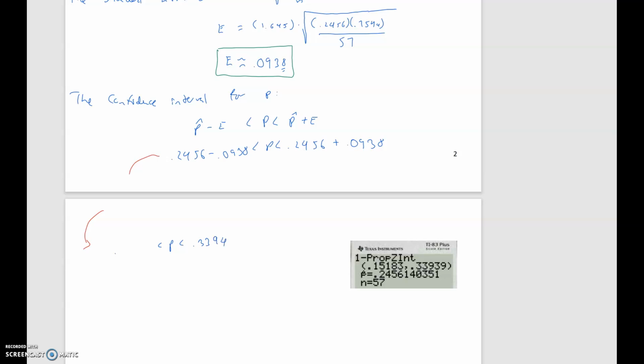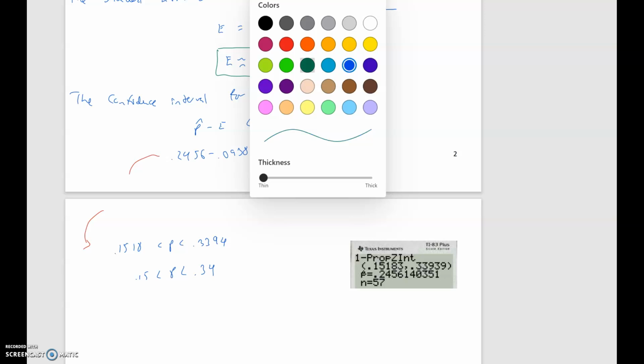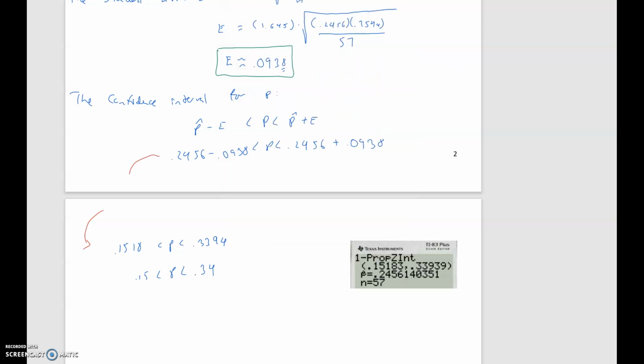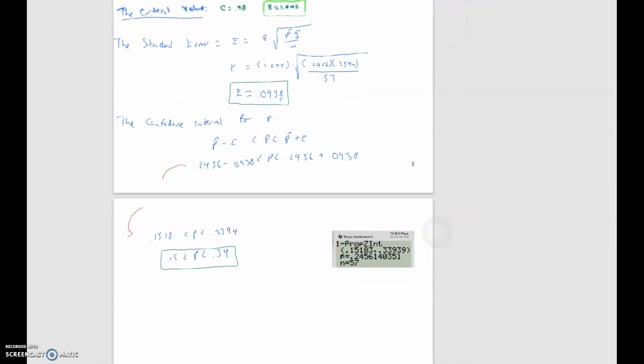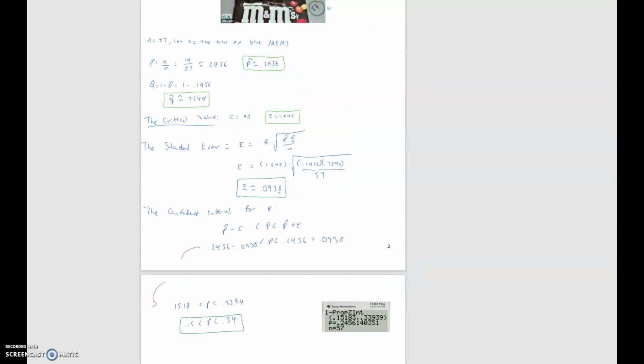The lower bound is 0.1518. So we could bound P by approximately 0.34 and 0.15. Now, before we jump into the calculator, let me create the sentence, which actually matches the code. I'll go over the code in a minute.